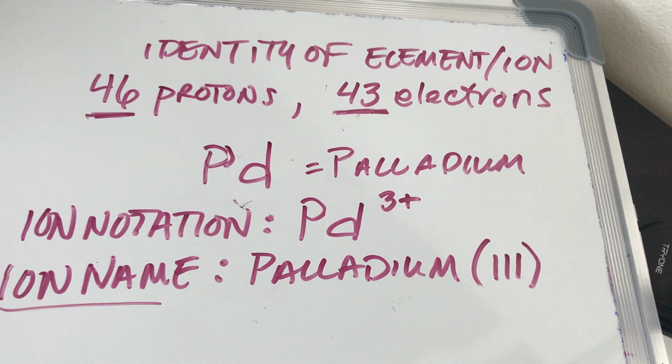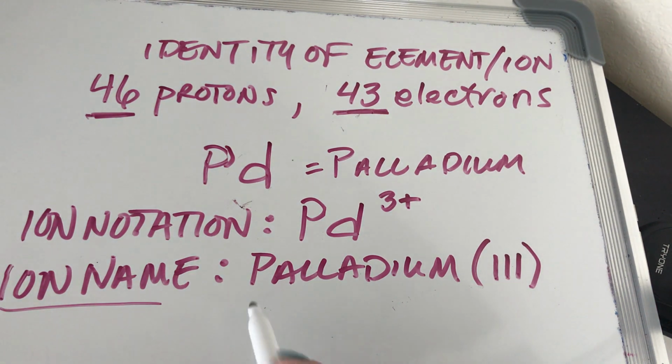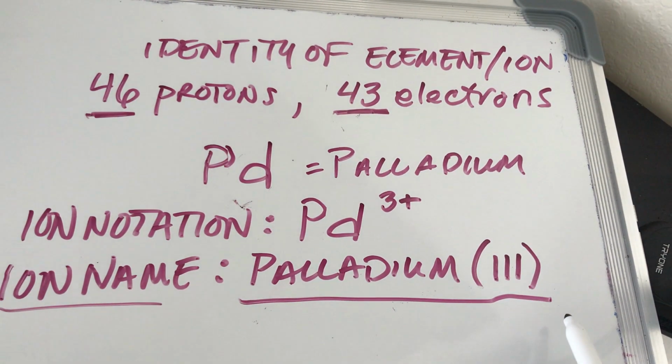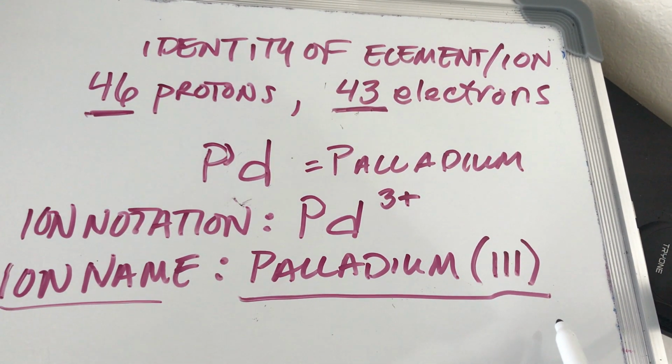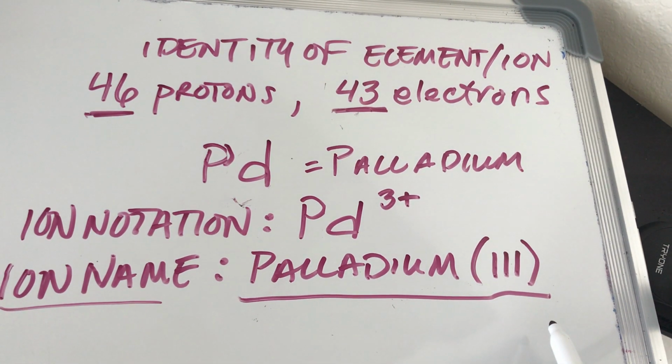You want to do another example of one of these? All right. Go ahead. That would be, with the ion, palladium ion 3. Palladium 3. Okay, but you said you wanted to add the parentheses for the 3? So what I'm saying is the way that this reads is palladium 3. The reason why we don't need to say palladium plus 3 or palladium 3 plus is because all metals have a positive charge when they're made into ions, right?